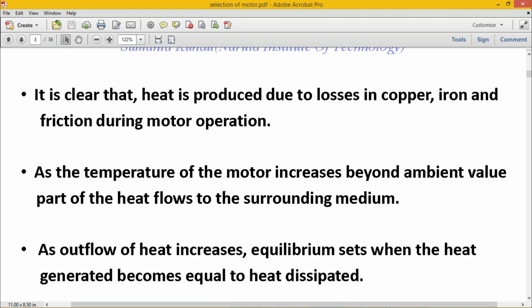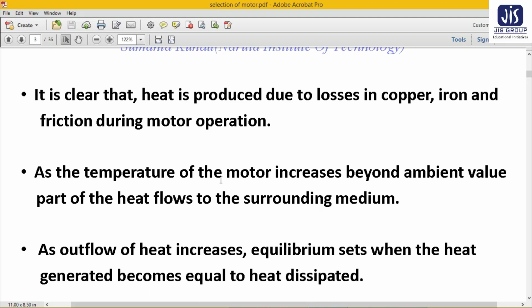So now it is clear that heat is produced due to losses in the copper, iron and friction during motor operation. When we have studied our basic electrical machine, we know that heat is generated due to the machine losses, I square R loss and iron and friction losses. This is basic physics, basic concept of machine, we all know.